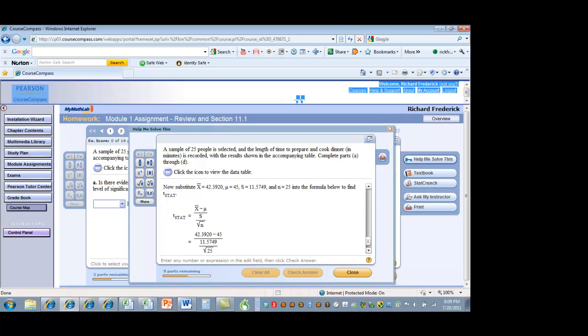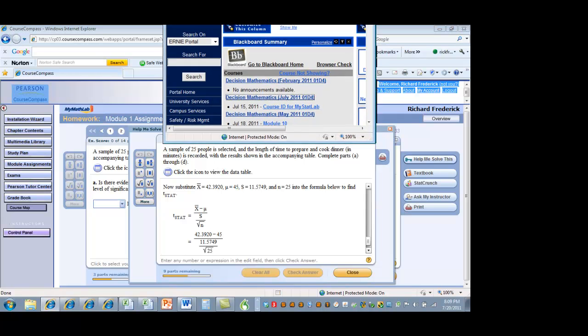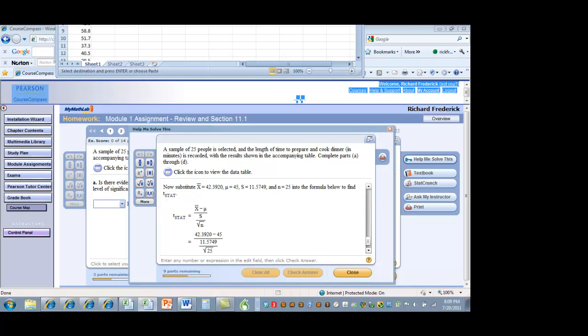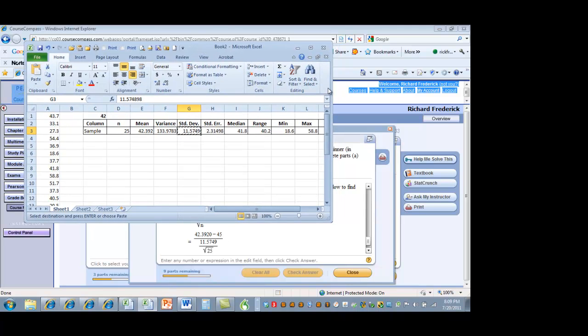Now I'm just going to show you how. You can do this on a calculator, or you can just pop Excel in here. Here we have 42. Let's figure out what this is equal to: 42.392 minus 45 divided by 11.5749 divided by 5, the square root of 25, and that's equal to this value.